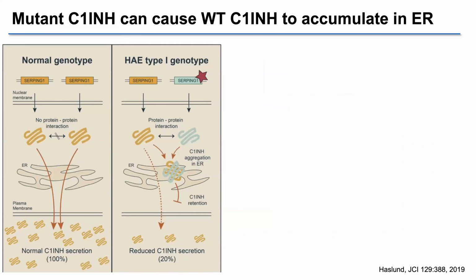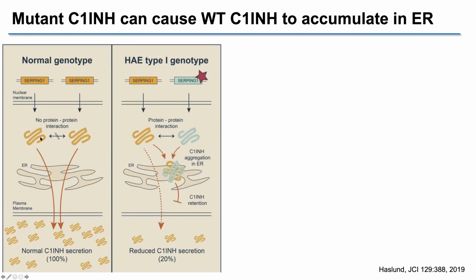So this is an observation that I've been playing with for many years and thought nobody else cared about it, so I haven't even published it yet. So I got scooped. A group from Denmark looked at the same thing and published this a year ago in JCI. And what they said is in the normal genotype, you have C1 inhibitor proteins being made in the ER.